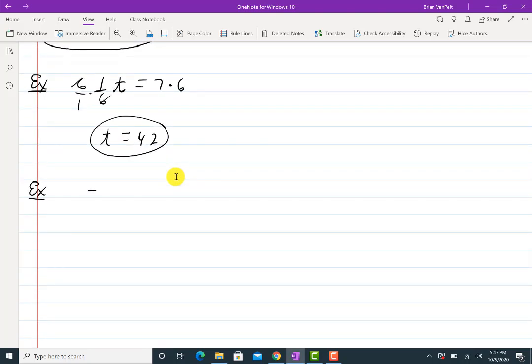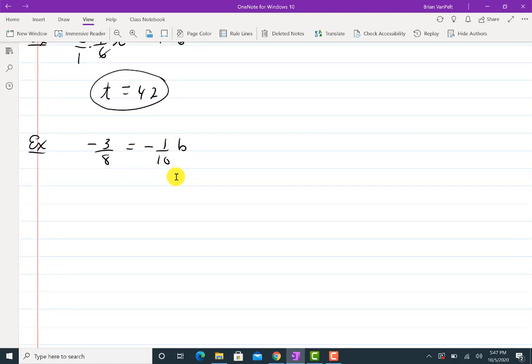Next I have negative 3/8 equals negative 1/10 b. So I got to wipe out that 10 that's attached to the b or underneath of the b. And I can take out the negative all in one step simply by multiplying this whole thing by negative 10 over 1. And do the same thing on the other side.